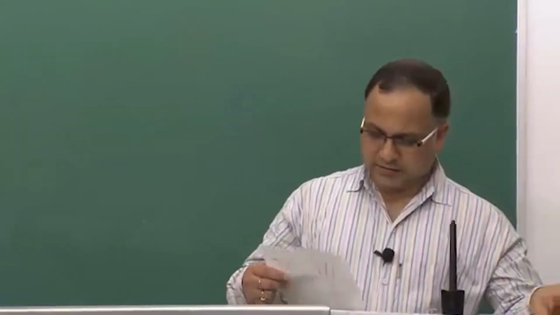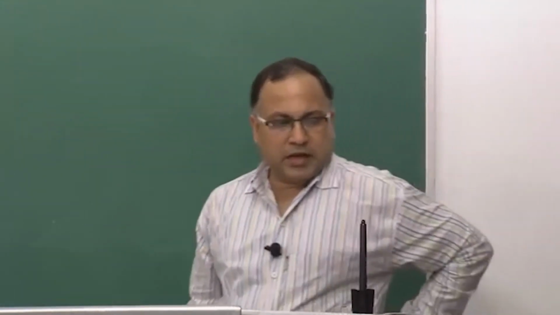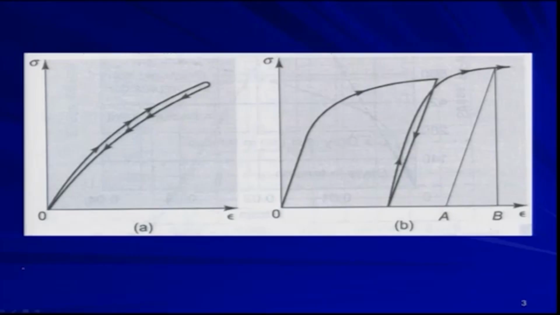Now, we are going to discuss the effect of loading, unloading and reloading. What happens generally if you load a material? If you look at this stress versus strain plot, this line is typically a nonlinear behavior.